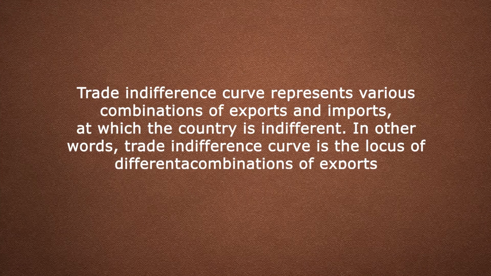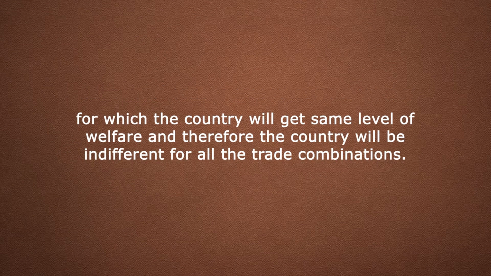Trade indifference curve represents various combinations of exports and imports at which the country is indifferent. In other words, trade indifference curve is the locus of different combinations of exports and imports of a country for which the country will get the same level of welfare, and therefore the country will be indifferent for all the trade combinations. Now, the country's trade indifference curve can be derived from the production possibility frontier and community indifference curves.